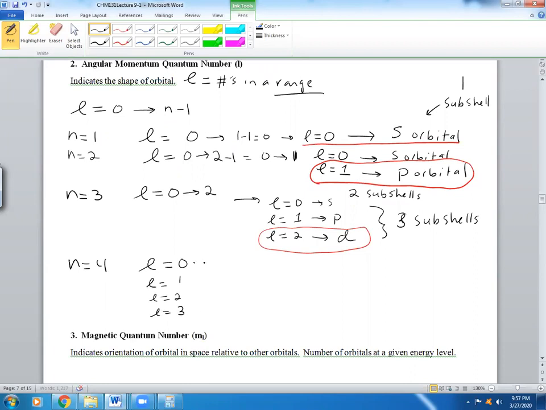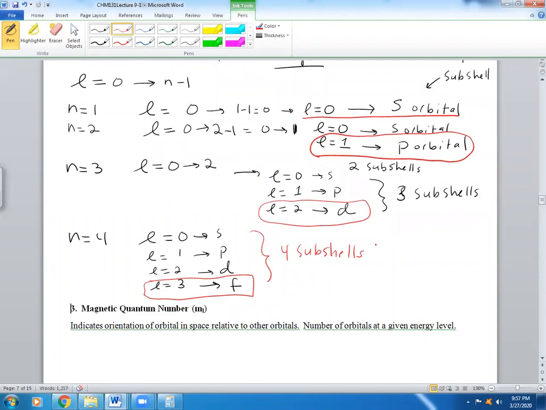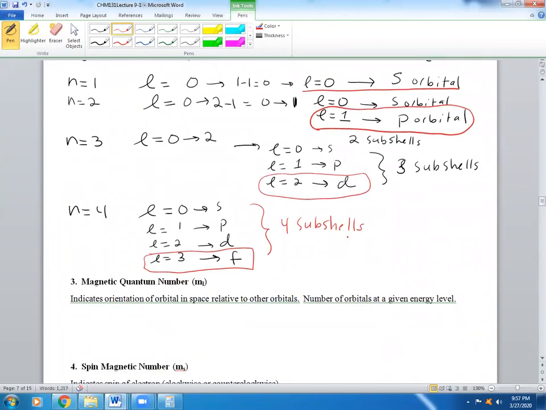Well, we know this is S, that's P, that's D, and now this one is called F. It's an F orbital. So you have 4 subshells or sub-energy levels. So be able to derive those numbers. Very, very critical.